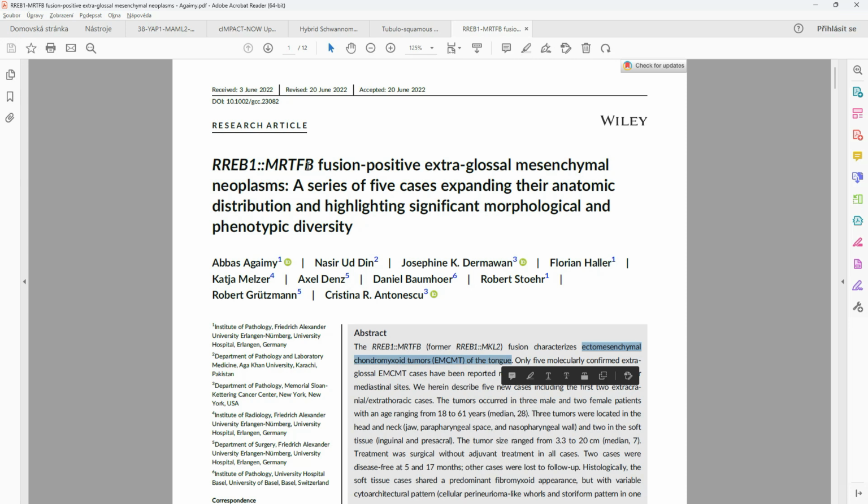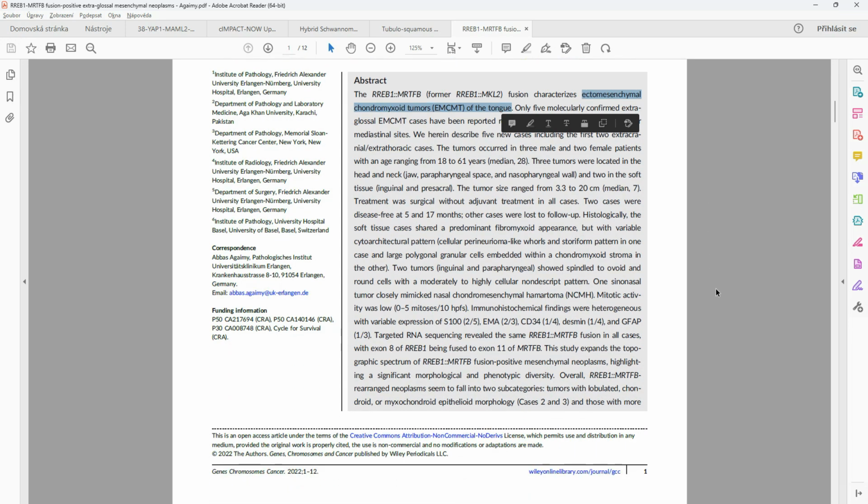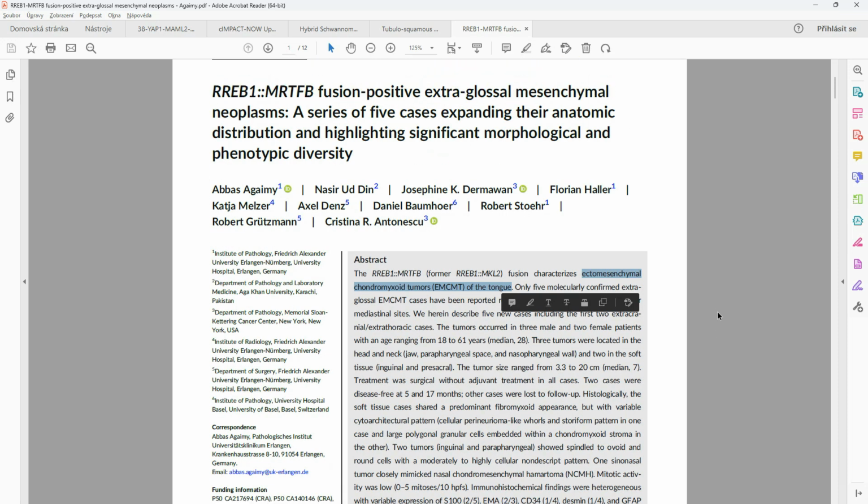So I don't know, 2 years ago, Abbas, Agaime, and others collected 5 of these cases, and together with the literature summarized before, altogether 10 cases were reviewed and discussed in this paper. And basically what they found out is that the morphology is very heterogeneous.